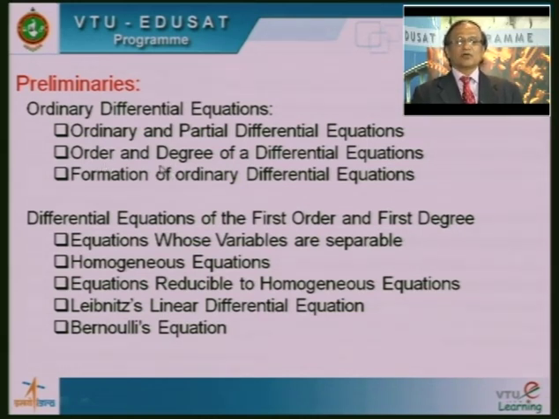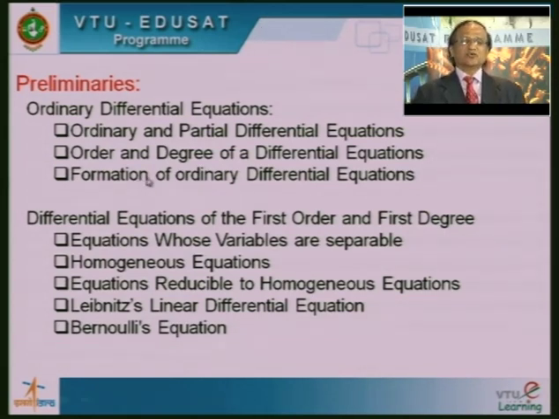Is it clear? How do you identify the degree of a differential equation? First you identify the highest derivative, then its degree is the degree of the differential equation. For example, in a given equation d square y upon dx square is the highest derivative and its degree is 2, then it becomes a second order second degree differential equation. Is it clear?